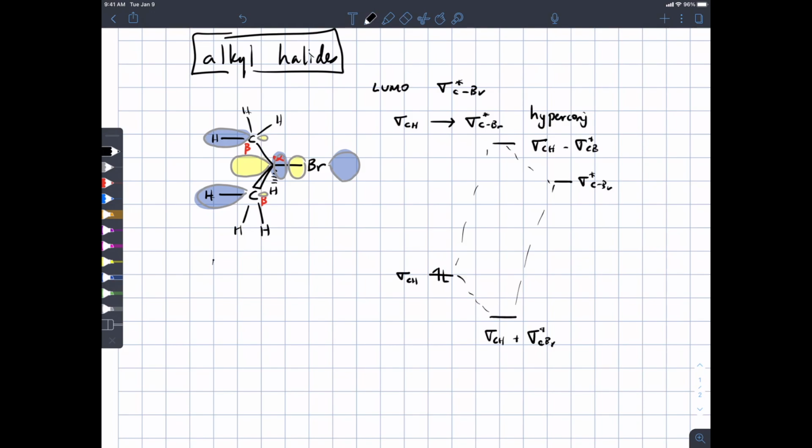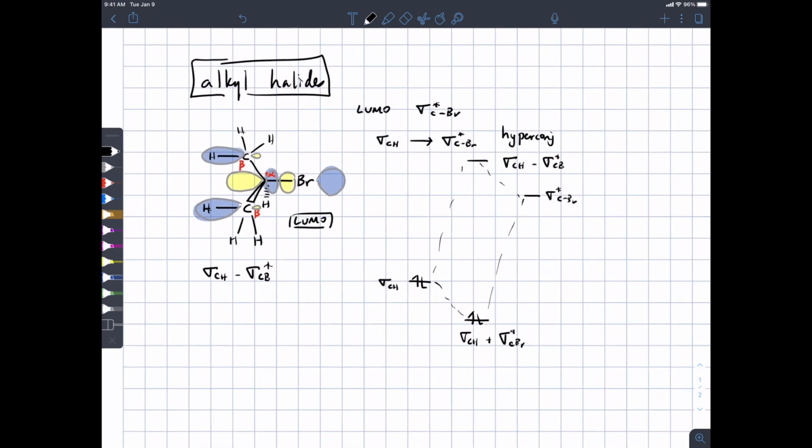What I've drawn for you here is that minus combination. This is the LUMO for this molecule. And this has the effect of moving the electrons from the original carbon-hydrogen bond down in energy, so it's stabilizing, and it has the effect of moving the LUMO out onto the beta proton. So the LUMO is at the alpha carbon and on beta protons.